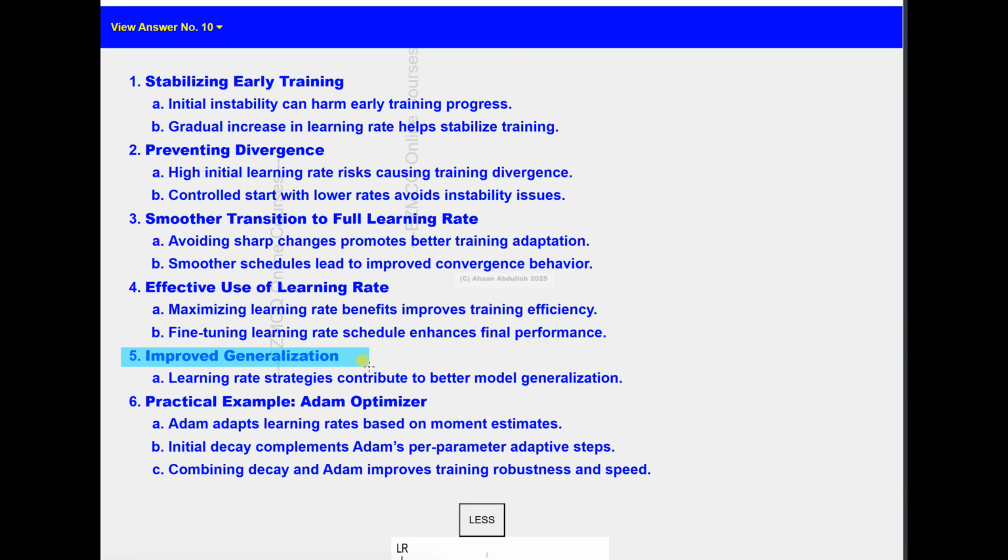Improve generalization. What the learning rate warm up helps avoid is overfitting early noise in the data by reducing aggressive weight changes. So gradually the weights are changed, I'm not saying increased or decreased, but they are changed or reduced more appropriately, not aggressively.